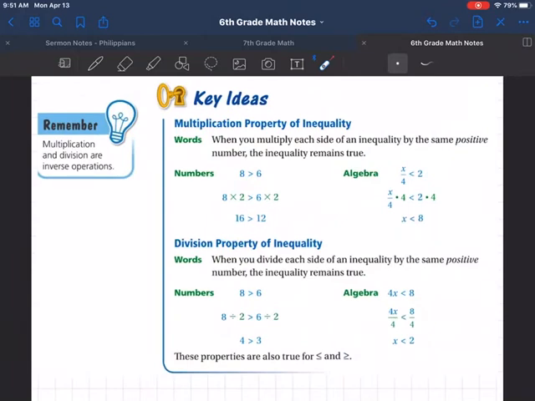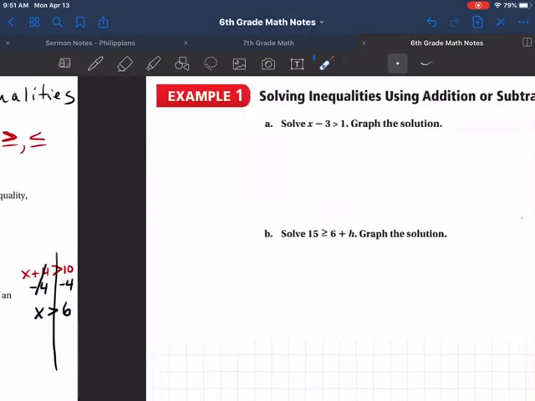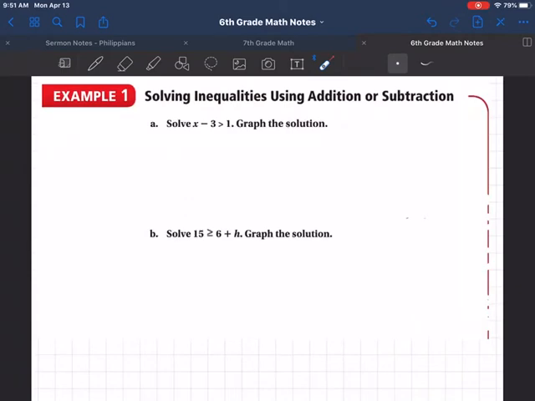Let's skip forward because I'm going to go quickly on this part. The multiplication and division properties of inequalities say if you divide by the same thing on both sides, it stays true, and if you multiply by the same thing on both sides, it stays true. All these properties are fancy ways of saying if you do unto one side of the equation what you do unto the other side, it remains true. All right, so let's go to our examples.